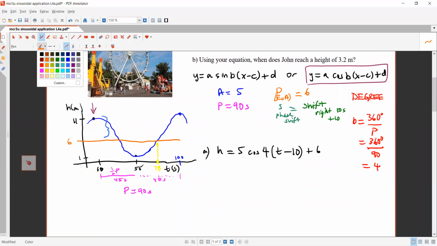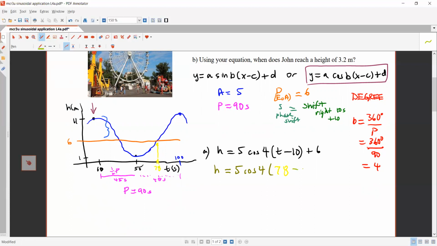Hopefully it's okay that I'll use not yellow, but I'll use brown. So then now how do we use our equation? H equals 5 cosine 4, and what's that time? 78 seconds. Hopefully you can feel that, ladies and gentlemen.